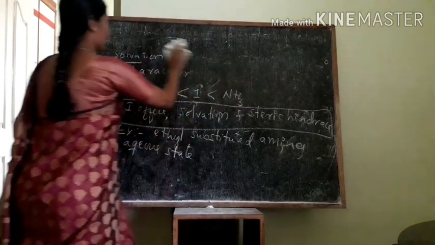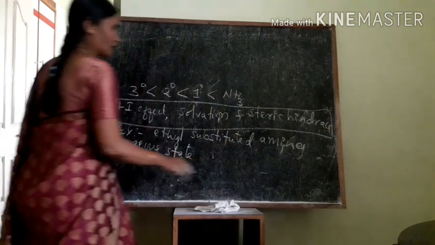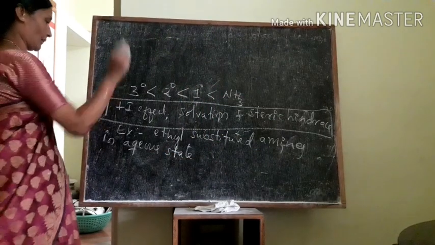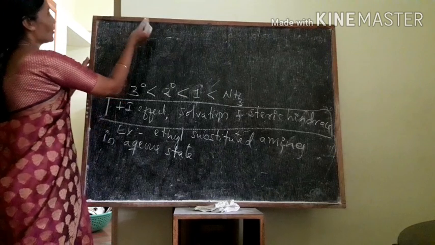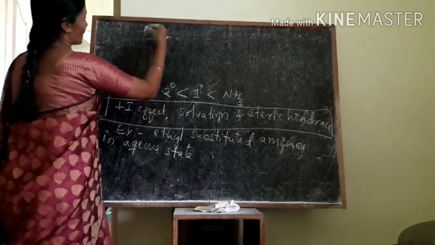What is the basic character? What would we expect combining all these three effects? So I will write first ethyl substituted. This is nothing but NH3.